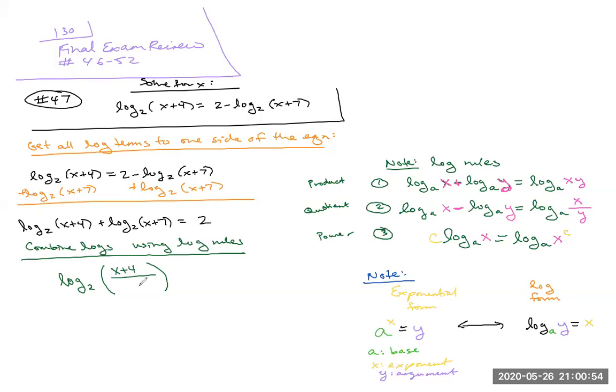And then, hold that thought. Let me extend that. Let me also color code this a little bit. Note there's a plus here. So we're going to want to use the product rule of log. So we're going to get x plus 4 times x plus 7.